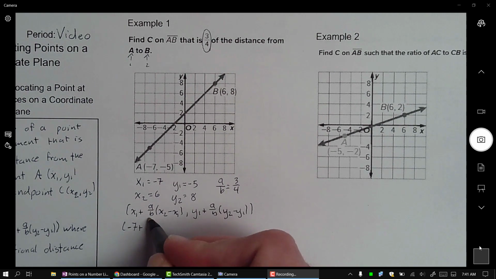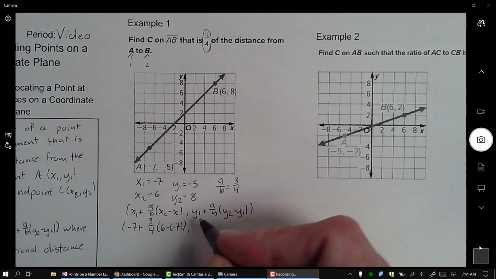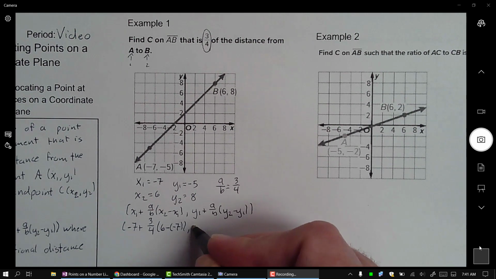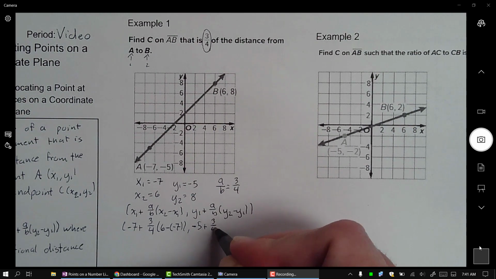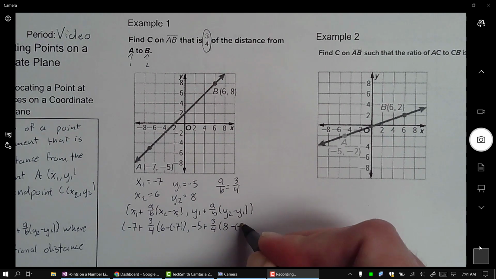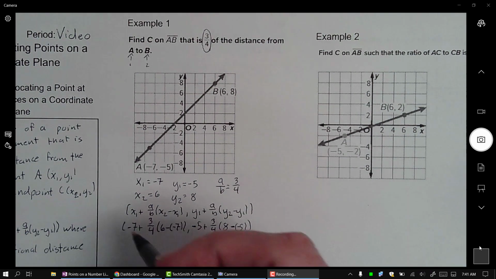A over B is 3/4. Then we're going to have 6 minus -7. y1 is -5. A over B is 3/4. y2 is going to be 8 minus -5. So double negatives turn into positives.